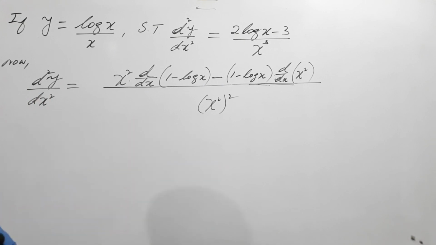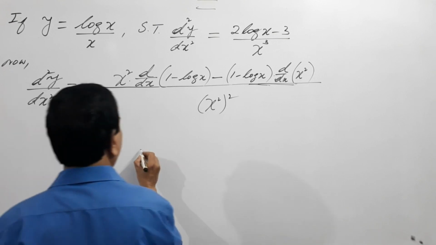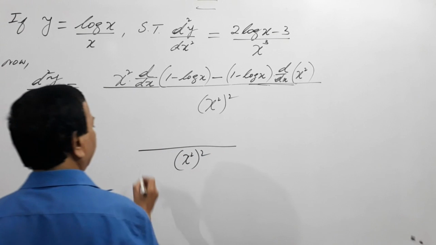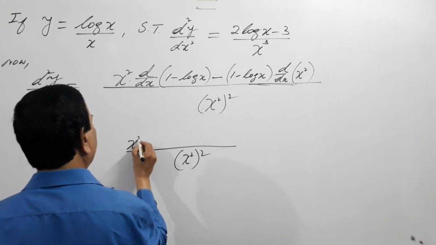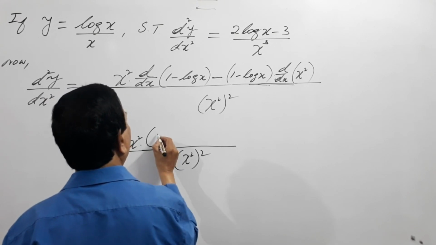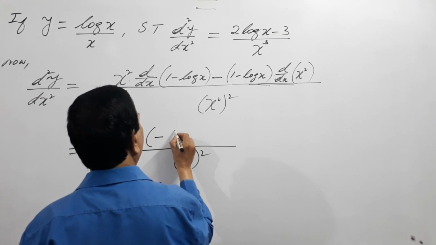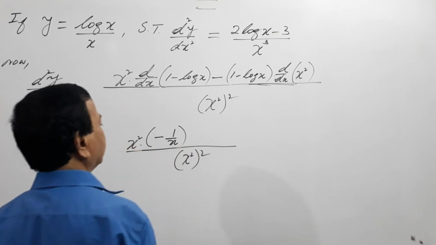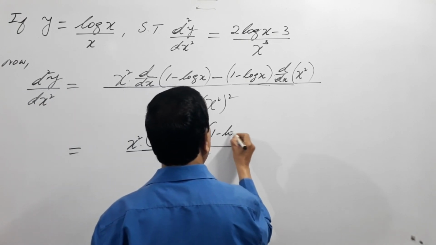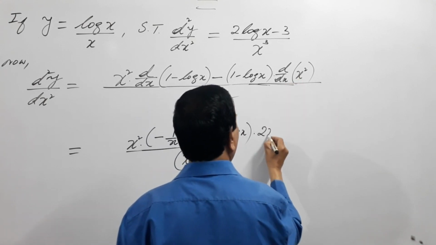So this is our quotient rule. Let's simplify this. Over x square the whole square, this will be x square into minus 1 by x, minus (1 minus log x) into d by dx of x square, which is 2x.